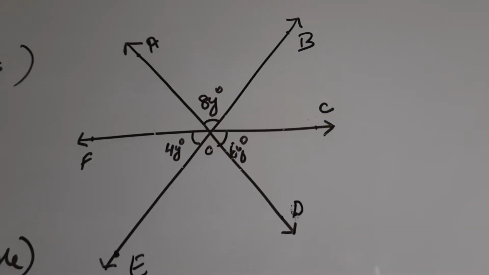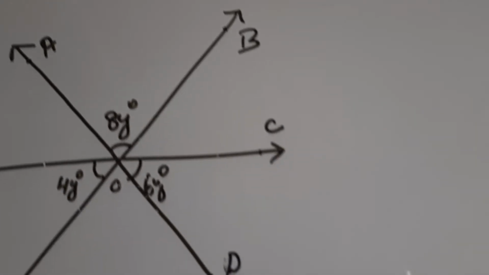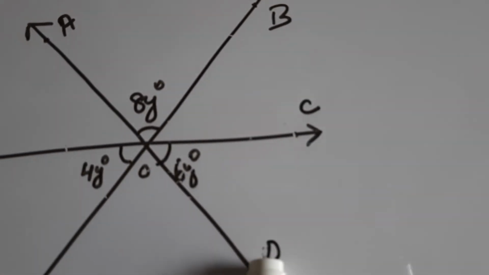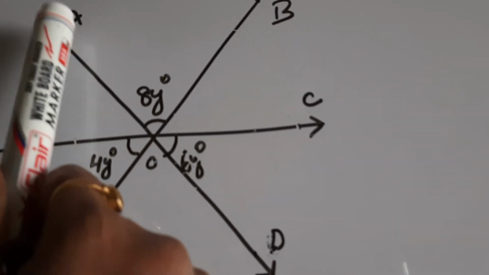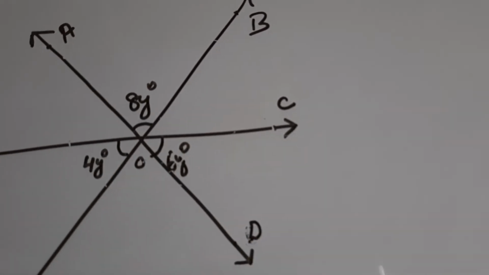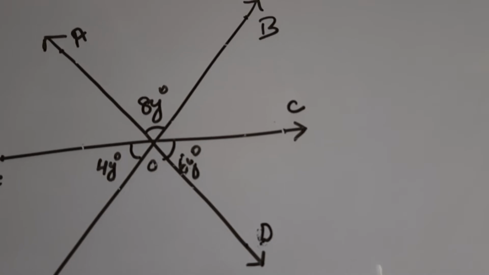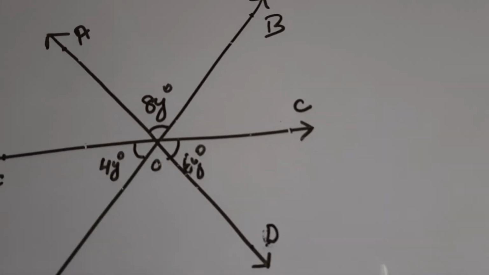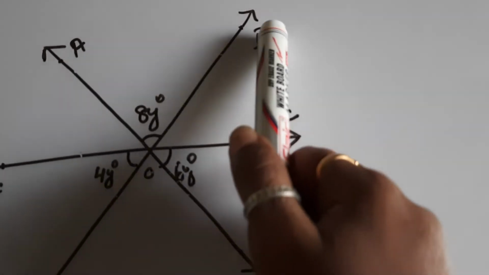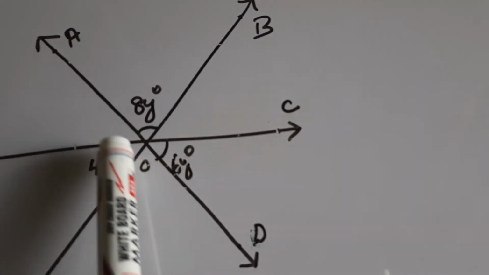Understood, children? So look at it, clear view, closer view. We are now solving this side. Okay. So this is a straight line AOD. Straight angle AOD will be 180 degree. On the straight angle, we have angle AOB, angle BOC and angle COD.